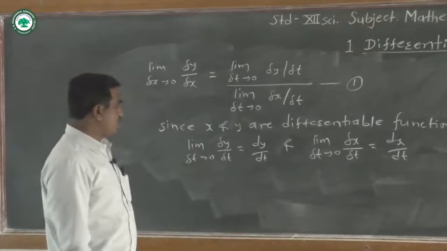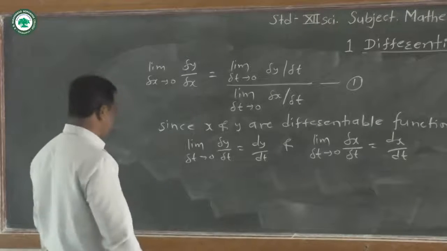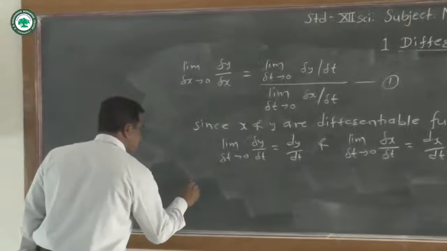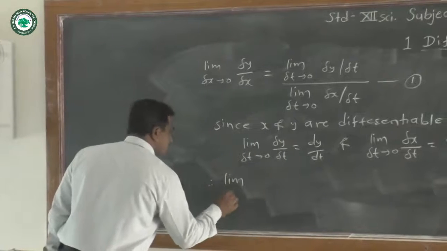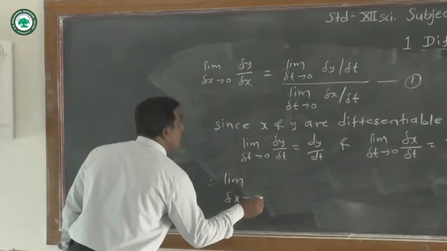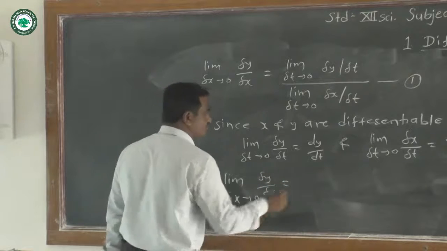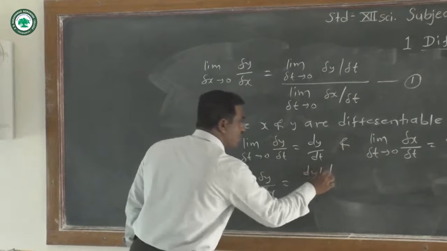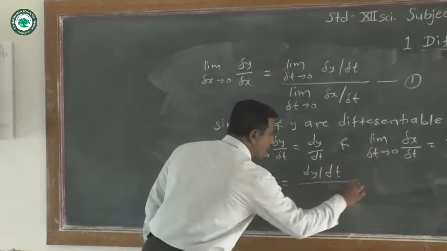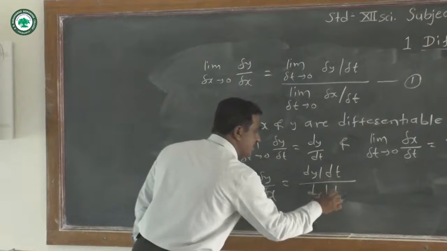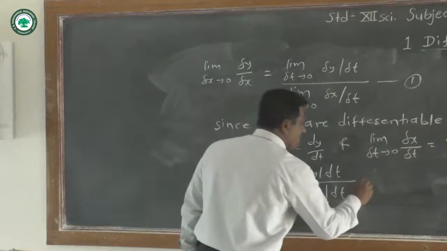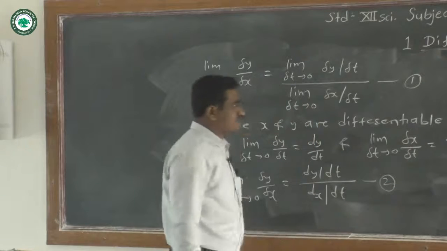Now put these two in equation first, then we can write limit delta x tends to 0, delta y by delta x is equal to dy upon dt upon dx upon dt. Say this as equation number 2.